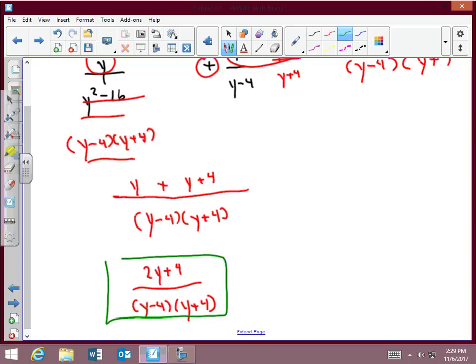They haven't given us something, but I want to change this answer just to show you something. If that numerator had been 2y plus 8 over y minus 4 times y plus 4, what would you have done? You'd have factored the 2 out of here, right?